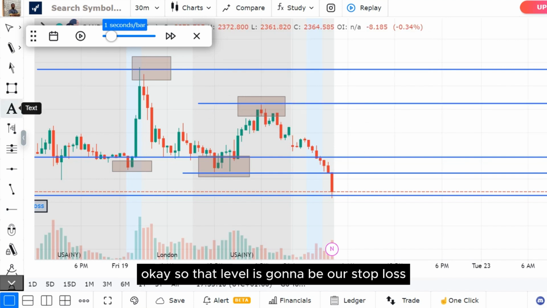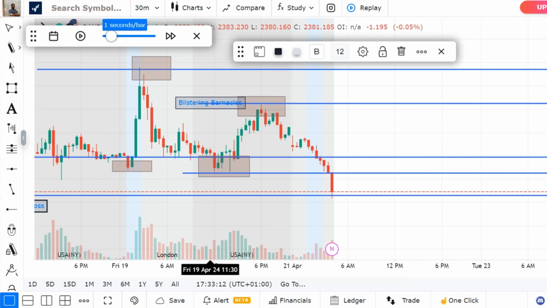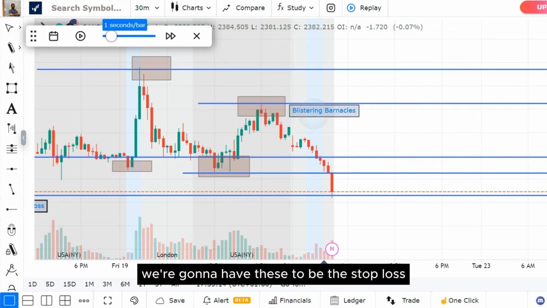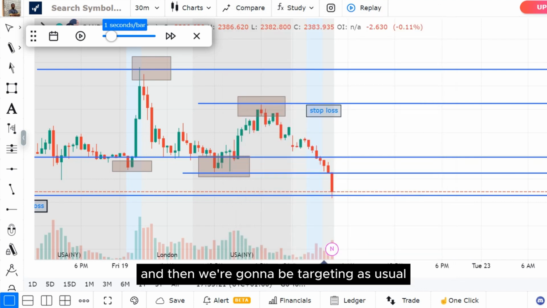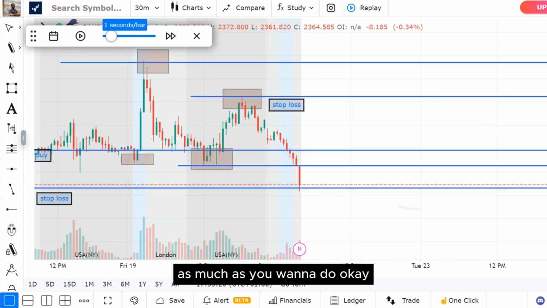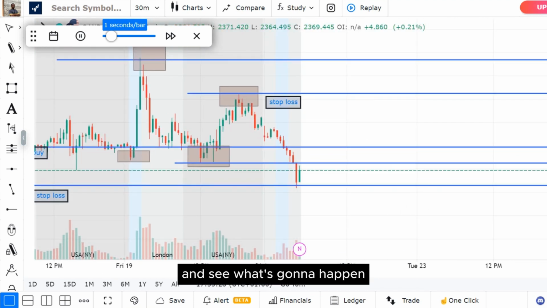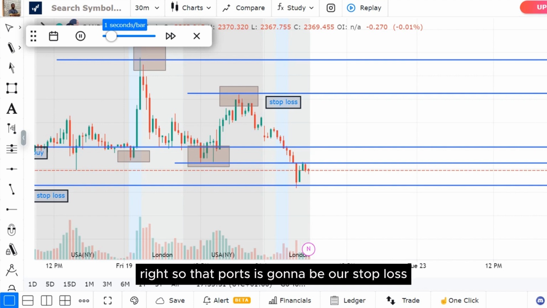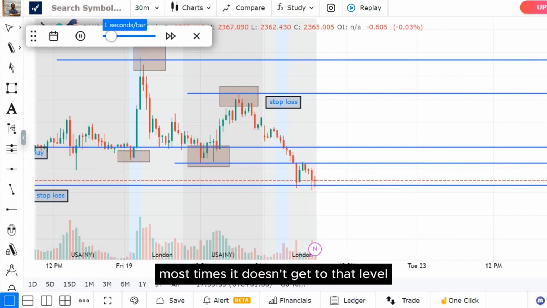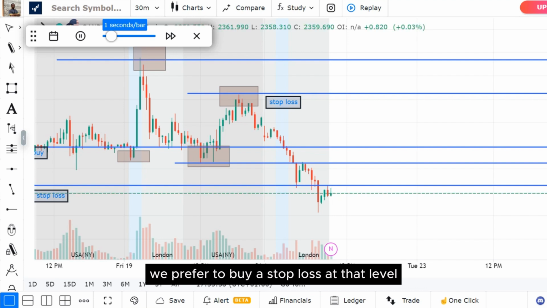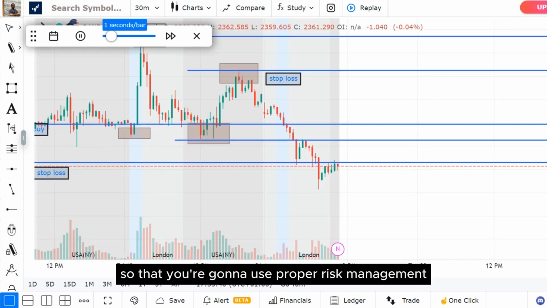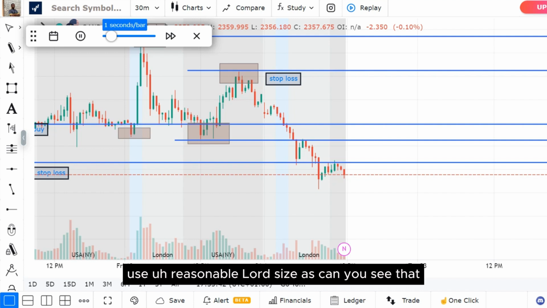And then we're going to be targeting, as usual, as much as you want to do, okay? So let me just go ahead and play and see what's going to happen. All right, so that point is going to be our stop loss. Most times it doesn't get to that level, but to be on the safer side, we prefer to place our stop loss at that level, so that you're going to use proper risk management, use reasonable lot size.